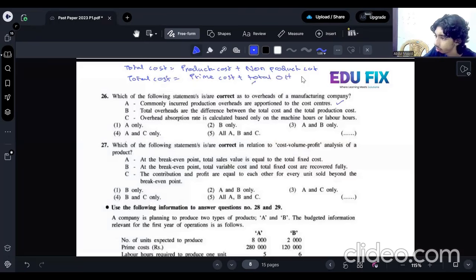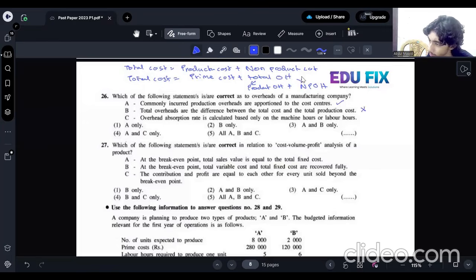Total overheads will have production overheads plus non-production overheads. So total overheads are the difference between total cost and total production cost. Wrong. Total overheads is the difference between prime cost and total cost. So the second one is wrong.